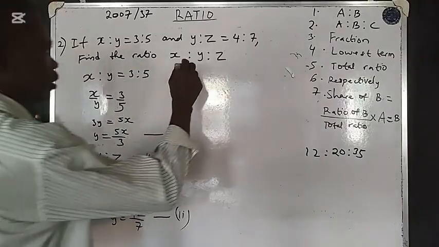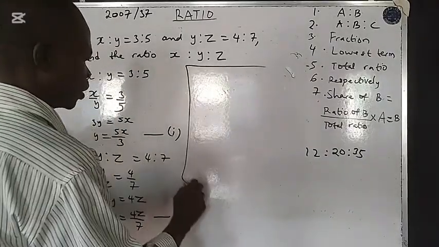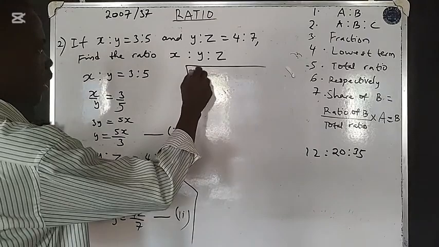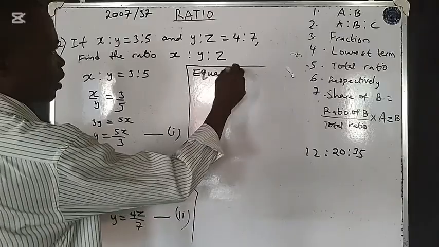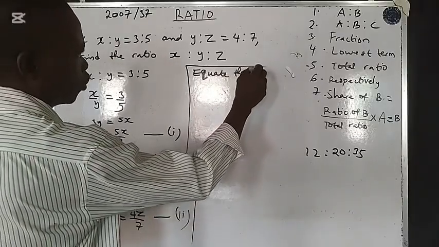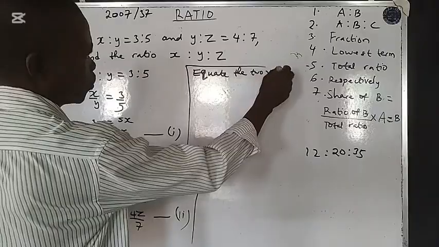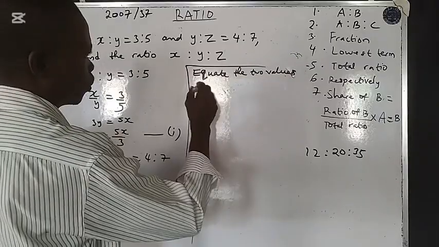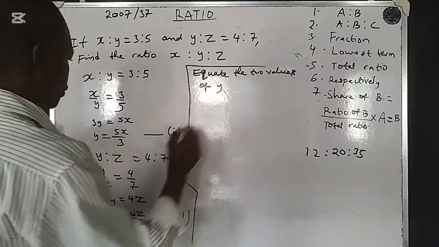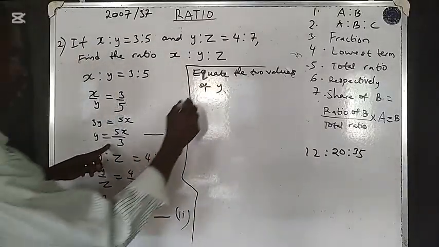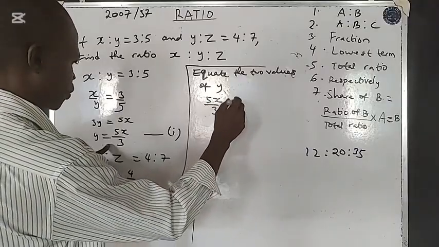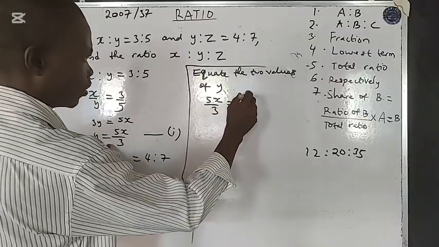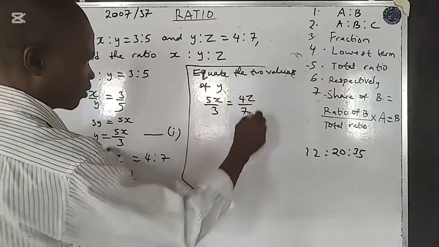So we write, you equate the two values of y. So in the first place, 5x over 3 is equal to 4z over 7, right?